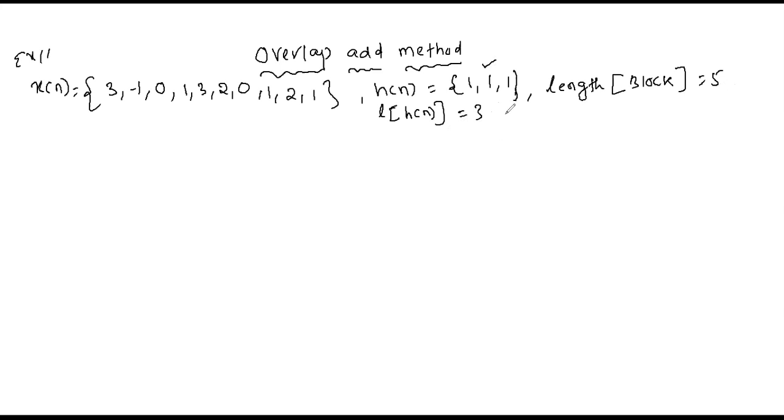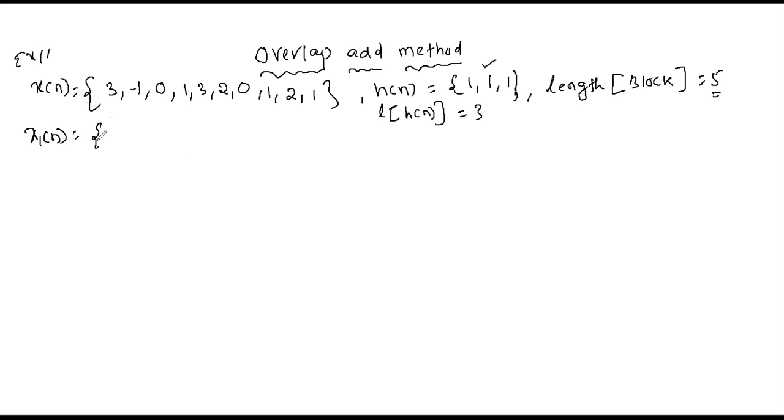Now, the length of the block is 5. How will I write the block sequences? Now I will divide the whole sequence into a number of blocks. Let the first sequence be x1 of n, because I want to divide into a number of subsequences, each of length 5.